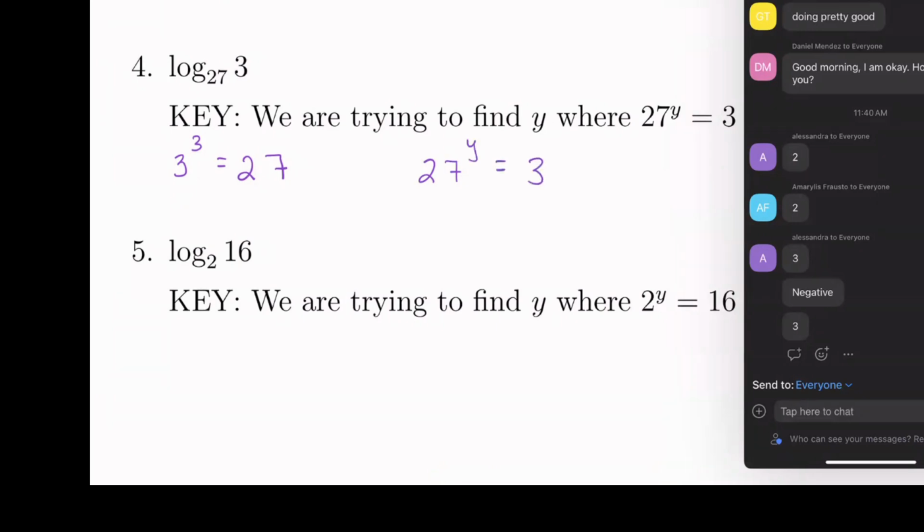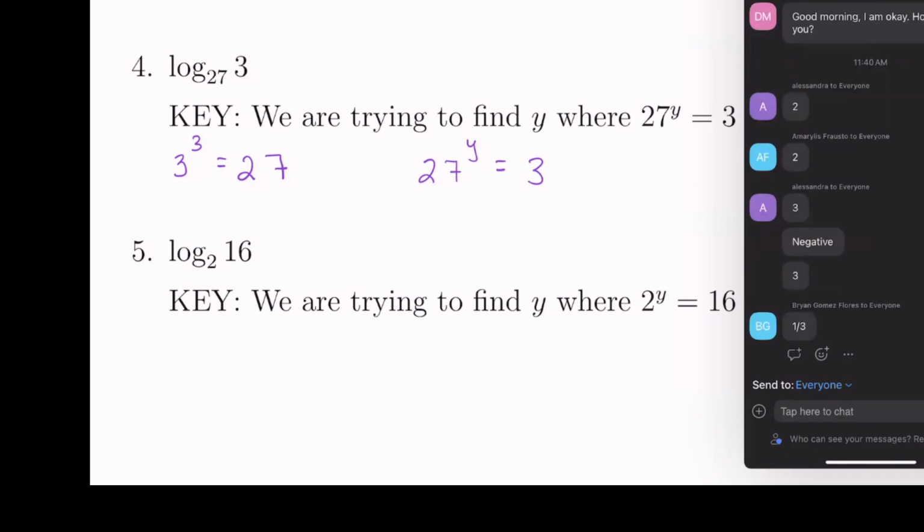It's not the same as number 3 where it's negative 2, because we're not taking the reciprocal, we're reversing the whole equation. 1/3. Very good, Brian. 27 to the 1/3 power is 3. So log base 27 of 3 is 1/3.